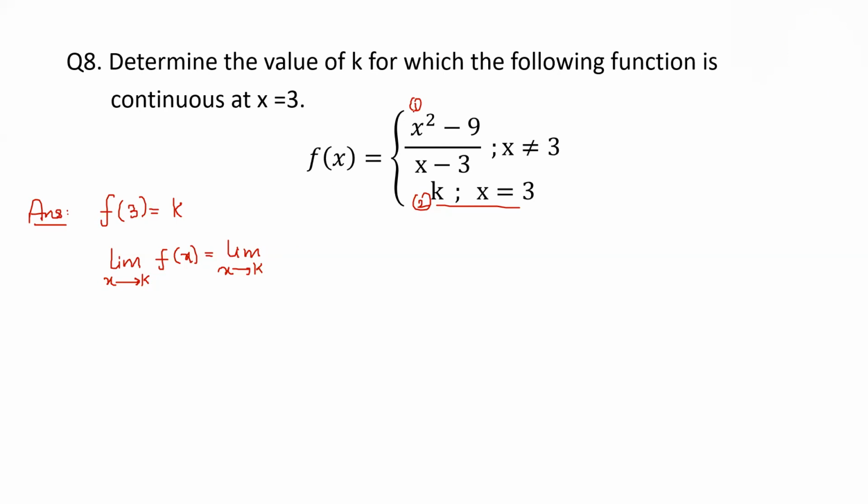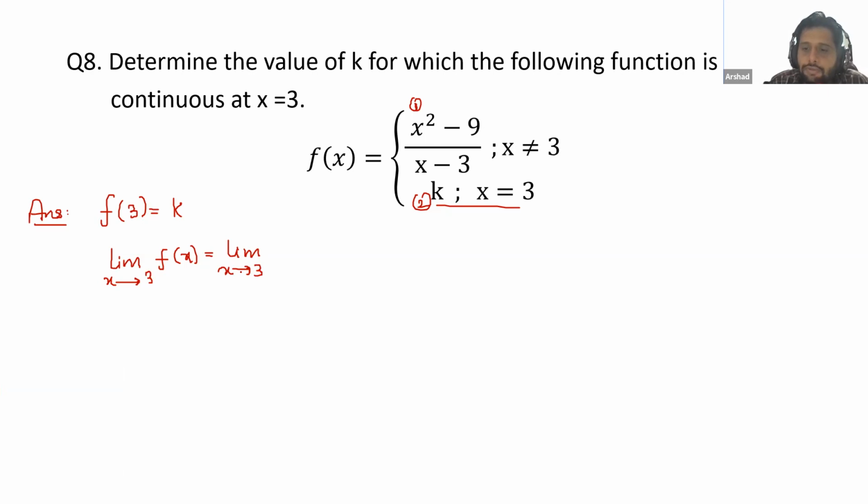First one. Okay, so Darshan, we discussed yesterday that if we need to find the limit, then, sorry, why am I writing this k? This should be 3. X is approaching the value 3. X is not equal to 3. X is approaching the value 3, x is not equal to 3.